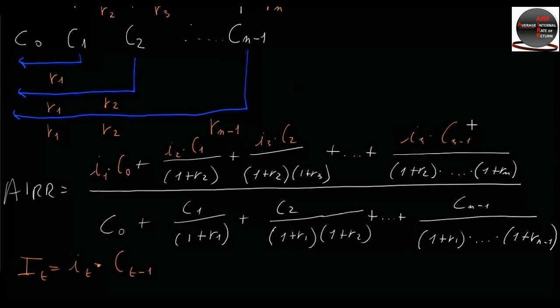This is an equivalent way of writing the project's rate of return whenever the cost of capital is time varying, and this is mathematically a linear combination of the single period rates of return generated by the project.